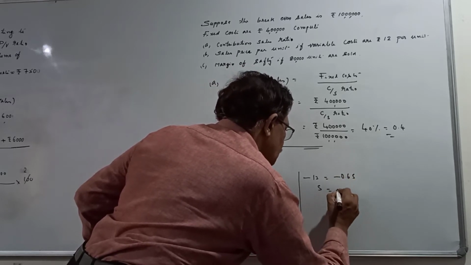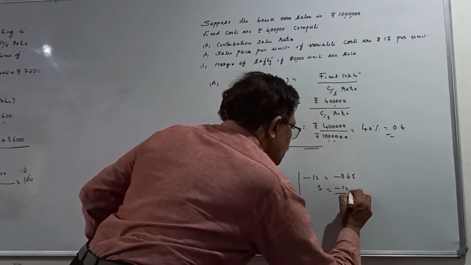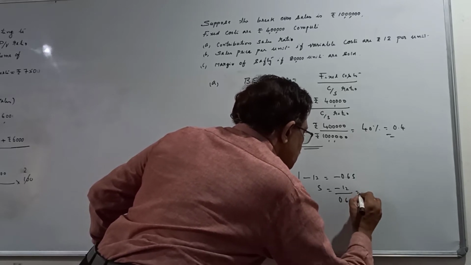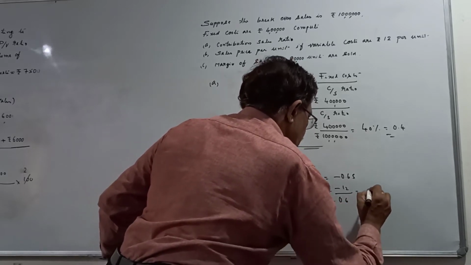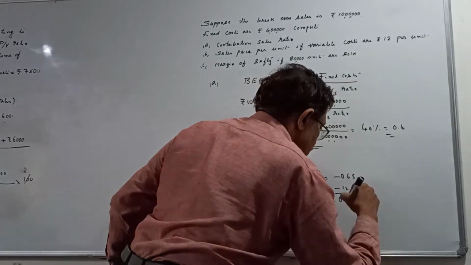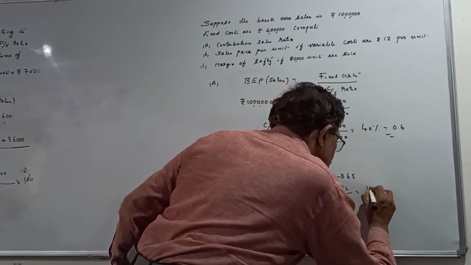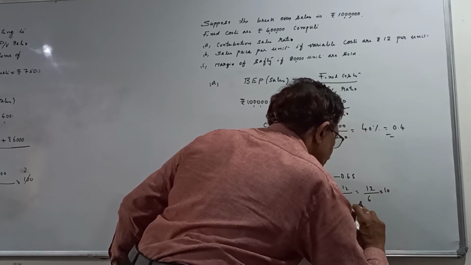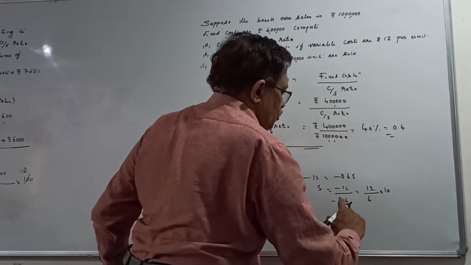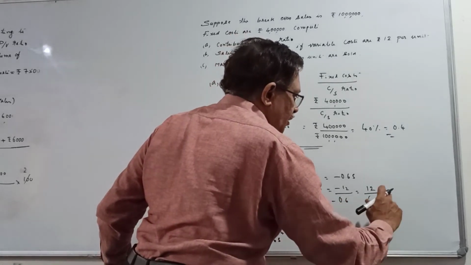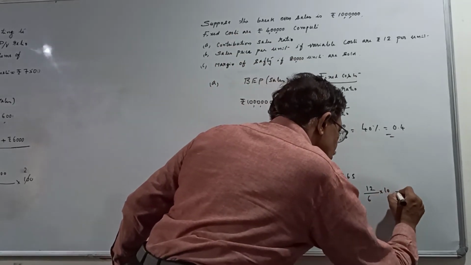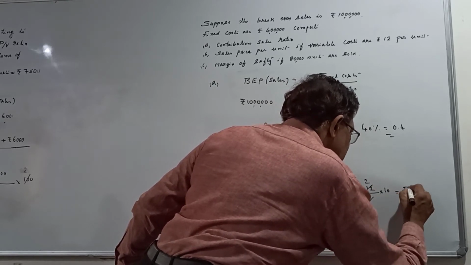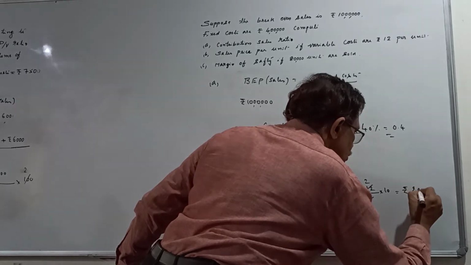Then S is equal to minus 12 divided by minus 0.6. Minus will go, and this becomes 12 divided by 6 into 10, because it is 0.6. So this is going to be 120 divided by 6, so sales is going to be rupees 20.